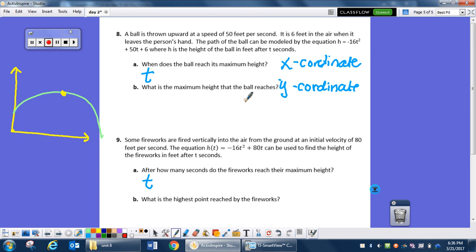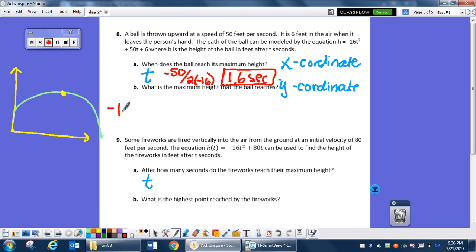So that vertex formula is the opposite of b. So in this case, it's going to be -50 over 2 times -16. And that means we got, let's do 1.6, when we round. So at 1.6 seconds is when it reaches the maximum. And then to get how high that is, you have to now plug that into your equation.